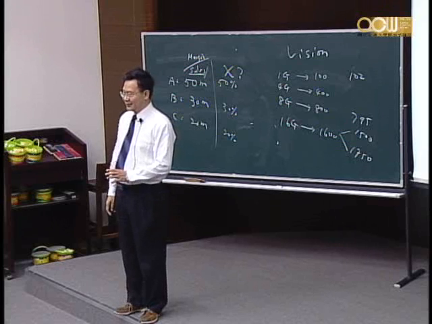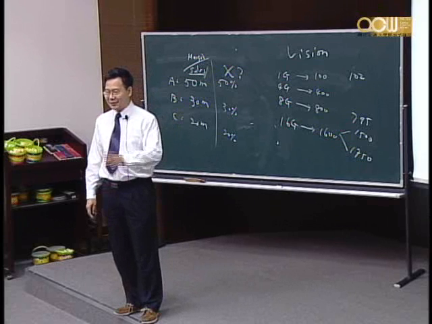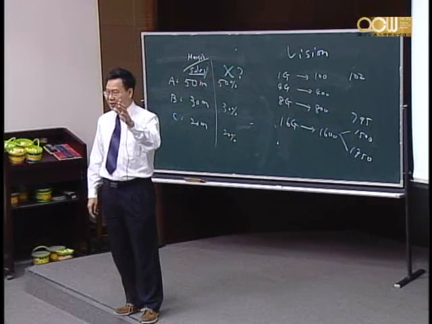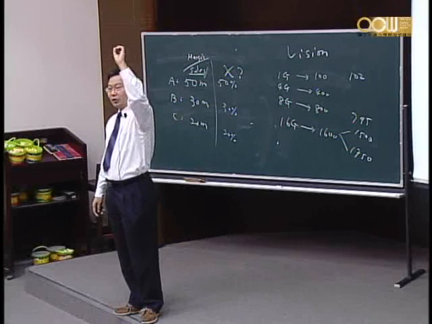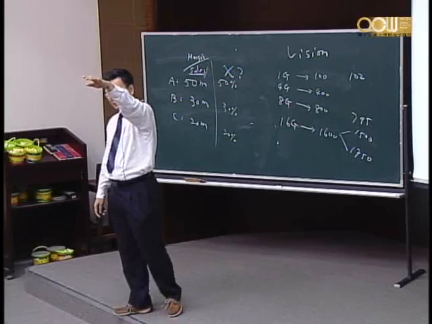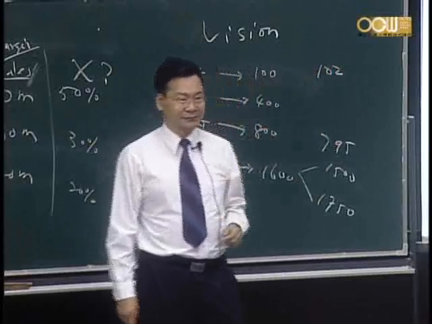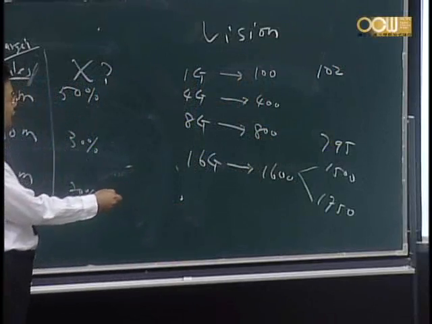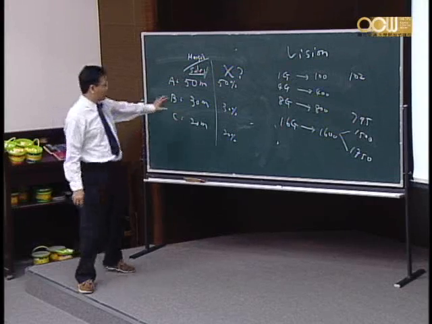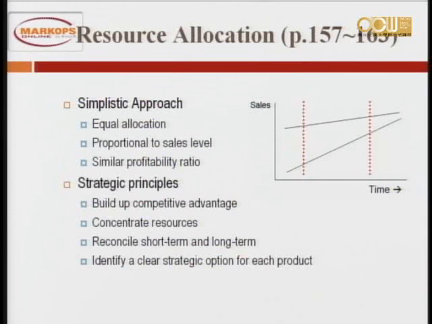Very interesting: in real life, some CEOs really see what will happen, and they put all the money there. Some don't. Hopefully this gives a clear idea of resource allocation.